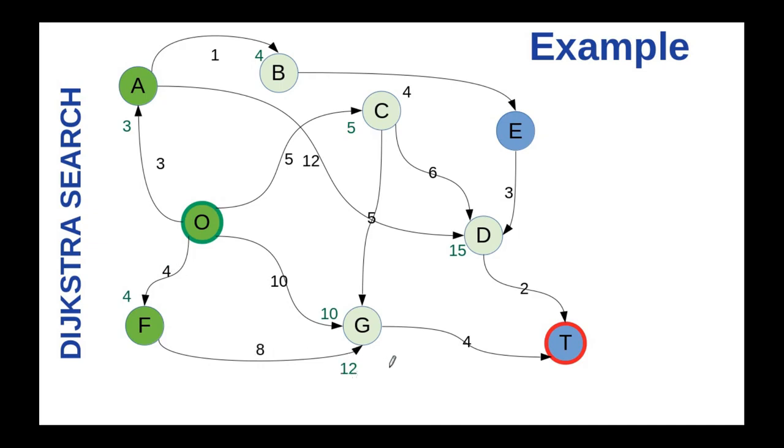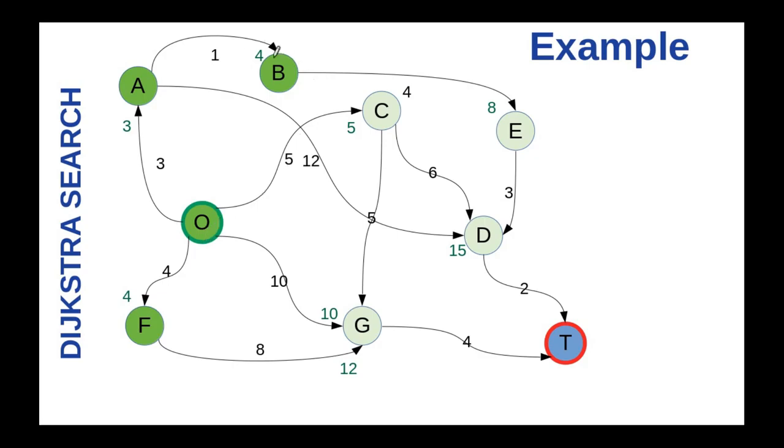So now, again, we check the minimum associated cost. As you can see, it is B because it's 4. So now, again, all the neighbors of the already visited nodes.